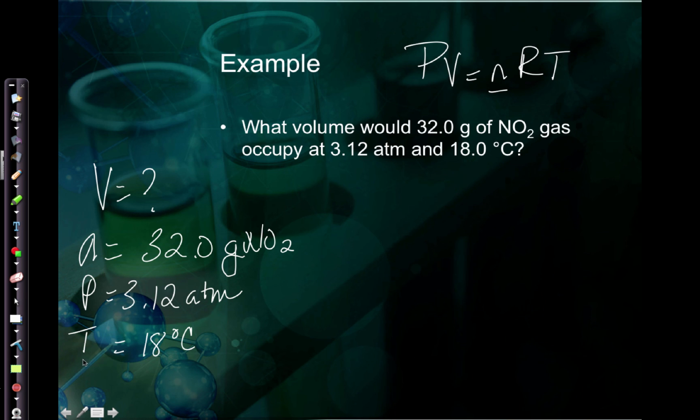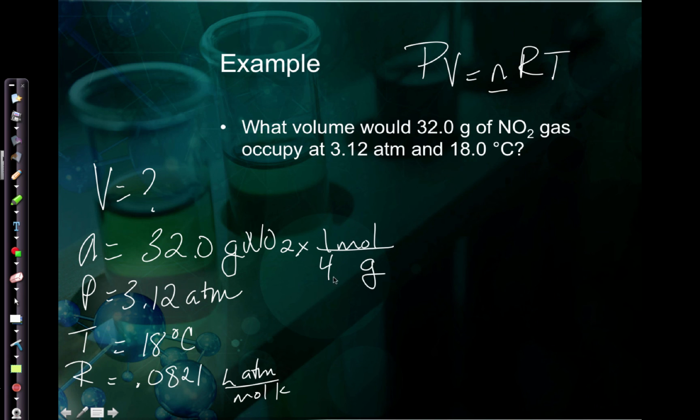So if I look at it, R is a constant. It's always this number. I have to make sure all my units match R. As soon as they match, then I can plug it in the equation. So first thing, let's convert this into moles. So 1 mole is equal to so many grams, and it's 46 grams for NO2.